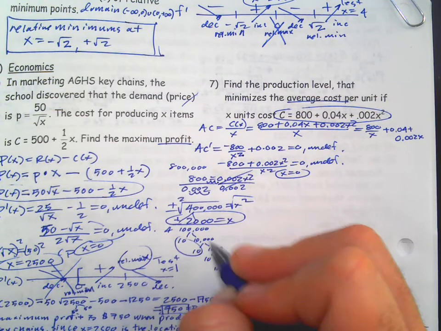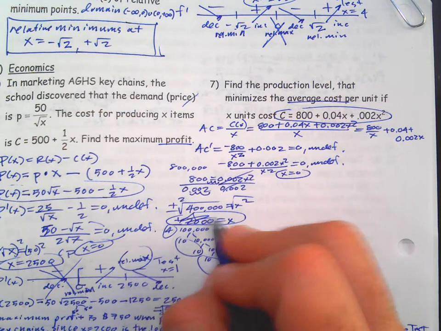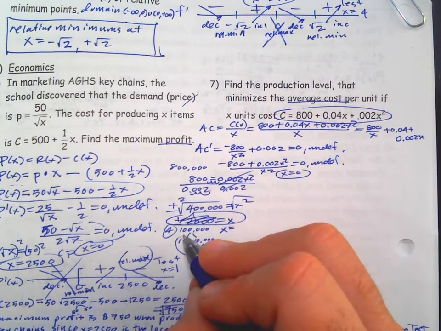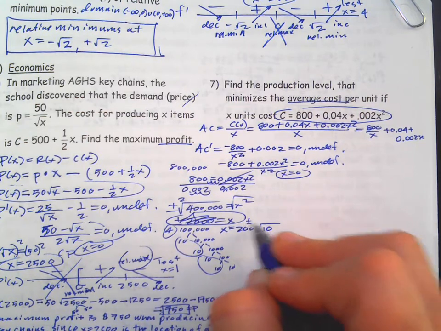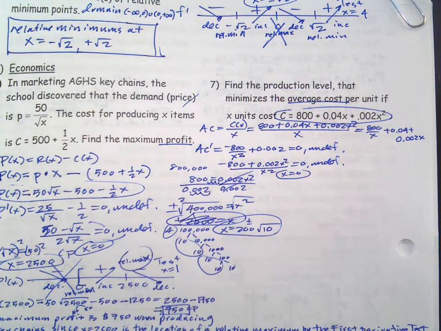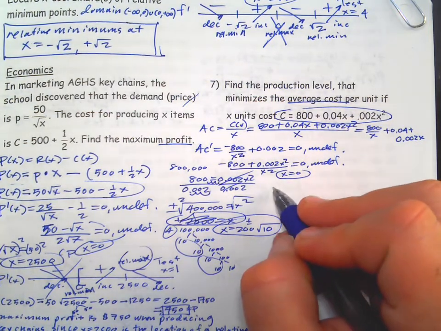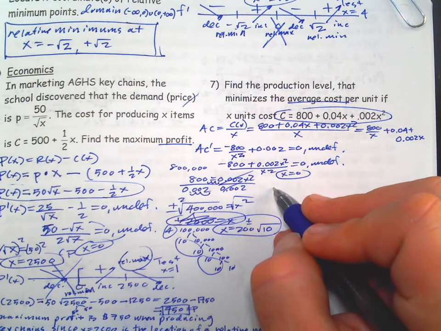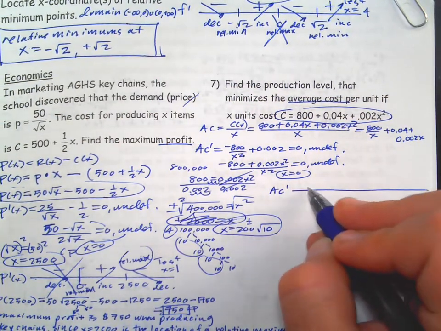So the square root of 10s, 4. So x is going to equal 200 square root 10, plus or minus. Okay. I don't have an endpoint, so I guess I'm going to try and do the first derivative test. So AC prime, line check, label it.